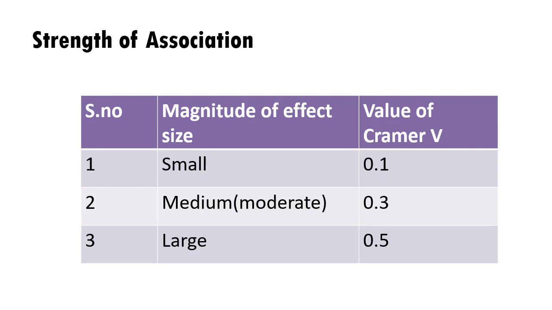But if the contingency table is 3 by 2 or more than that, then you should comment on the value of Cramer's V. We can define the magnitude of effect size as small, medium and large depending on the value of Cramer's V. If the value of Cramer's V is up to 0.1, we call it a small effect size. If it is up to 0.3, we call it a moderate effect size or moderate strength of association. And if it is more than 0.3 and up to 0.5, we call it a large effect size.